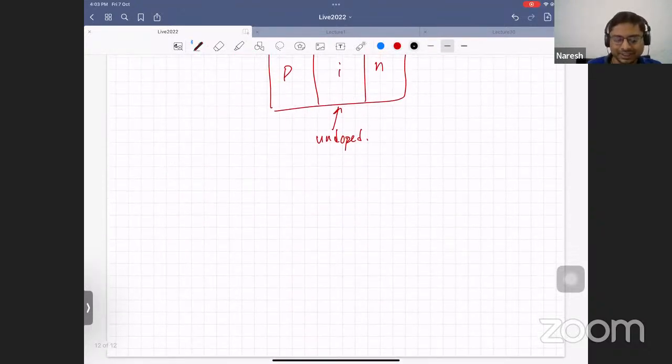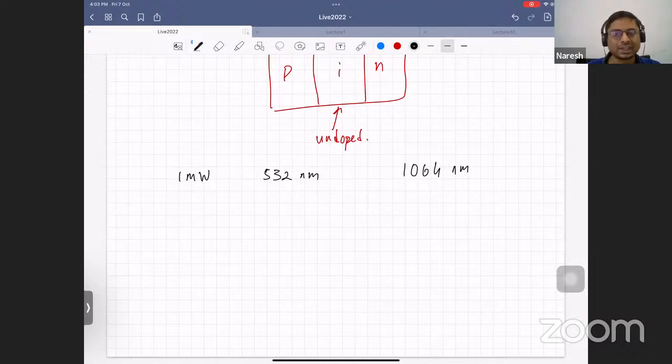Let me say I have 1 milliwatt of 532 nanometer light, and the same 1 milliwatt of 1064 nanometer light. So same power, I have two beams, but the wavelength is different. When we calculate this, what is a milliwatt? Milliwatt means 1 millijoule per second, correct?